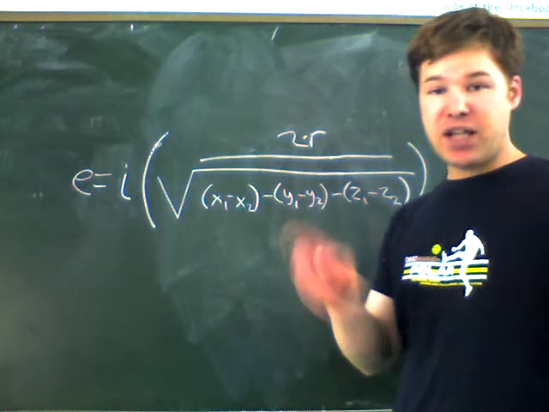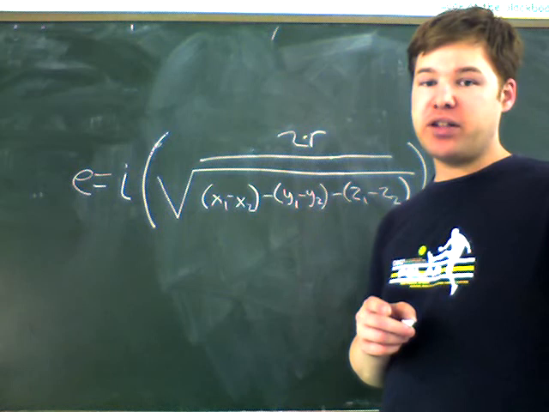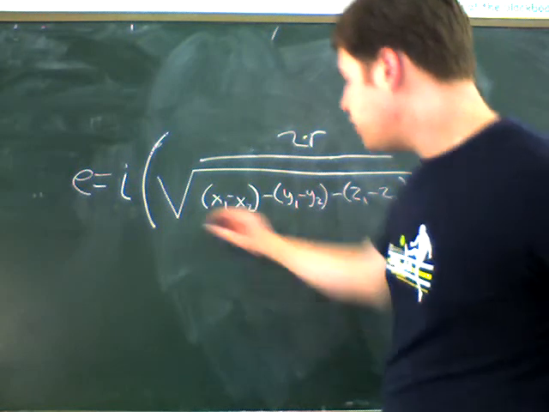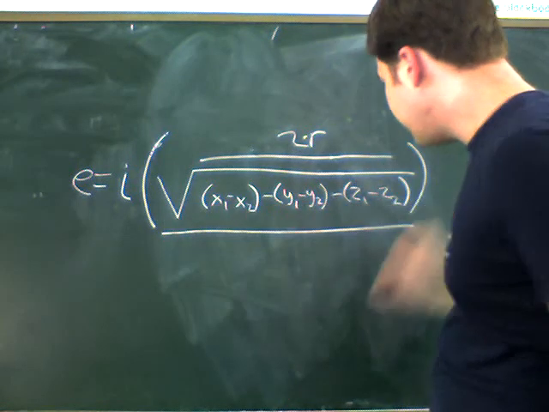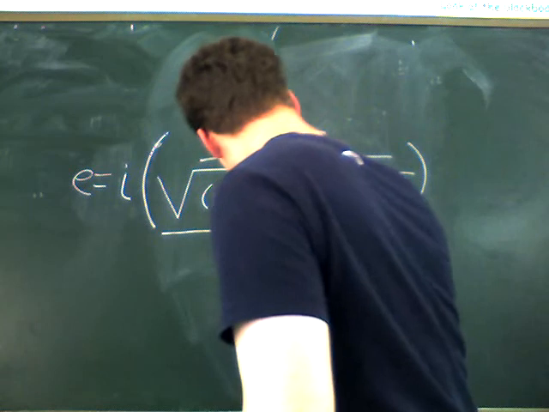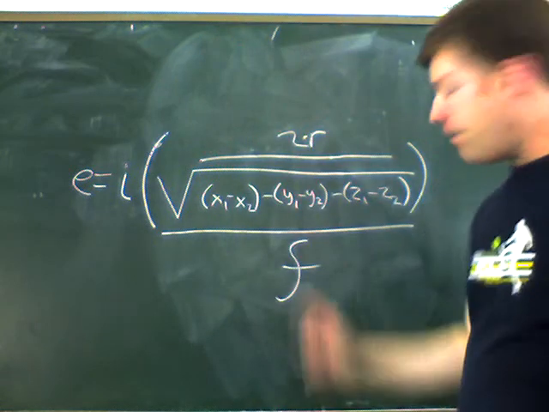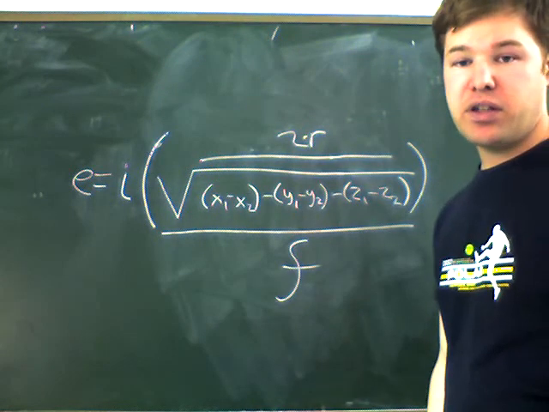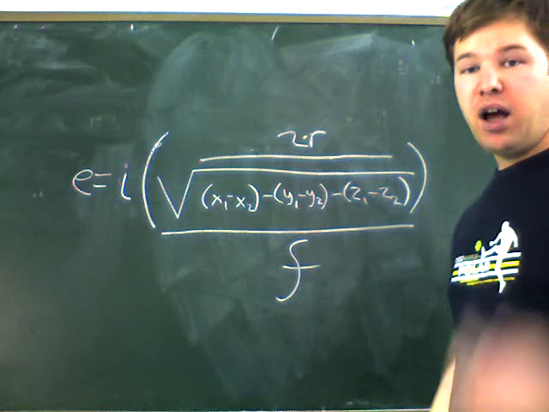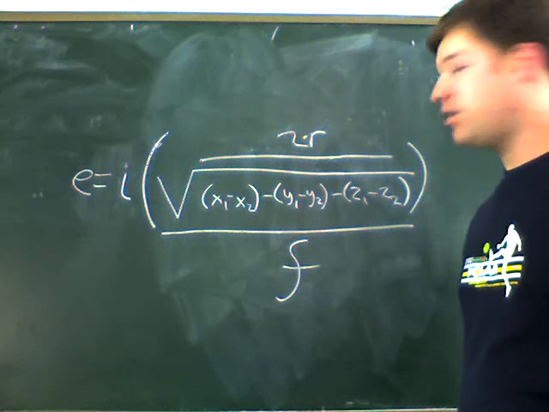The faster the frequency, the more current is going to be generated. So we need to divide all of this by F. F is the frequency, the rotational speed of the energy in the Stargate.